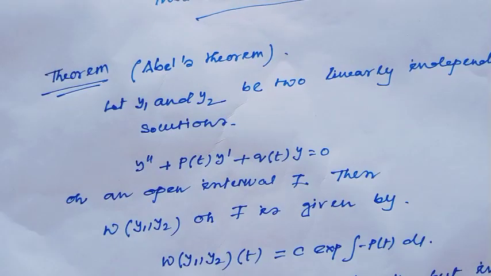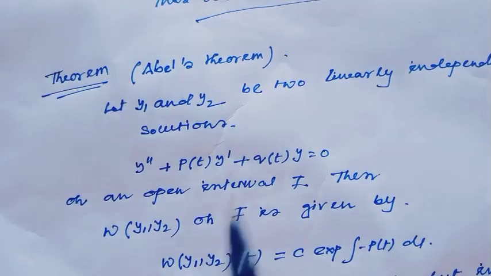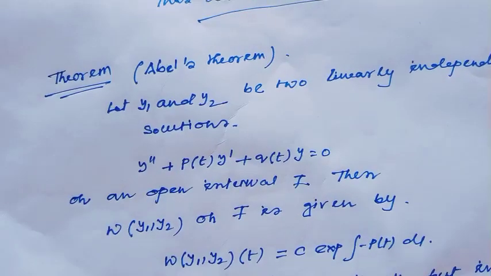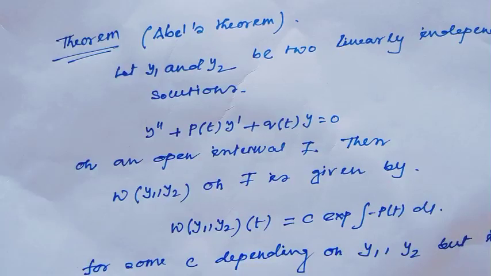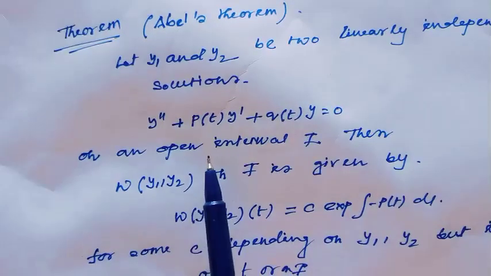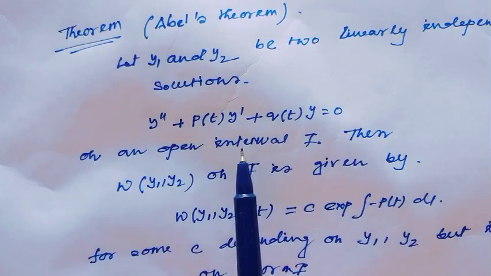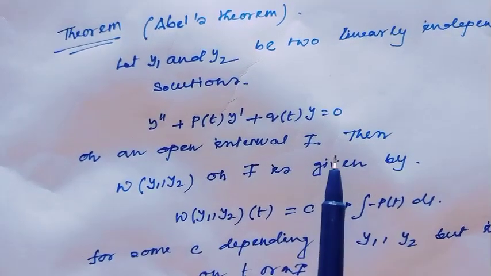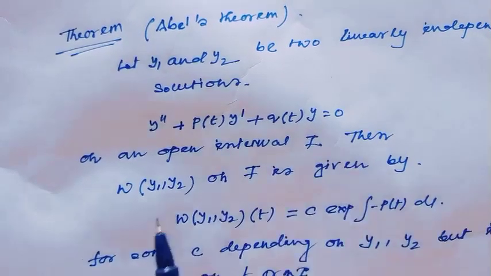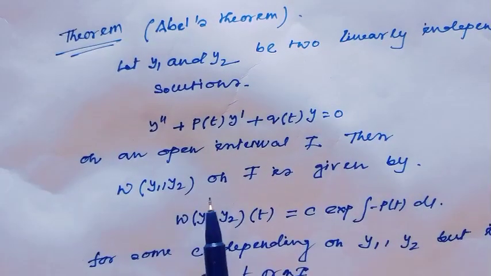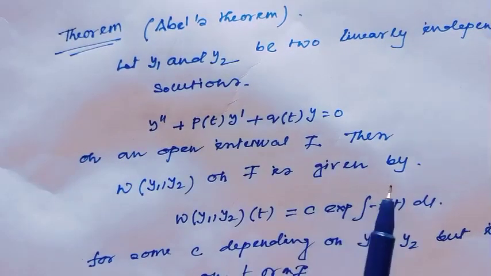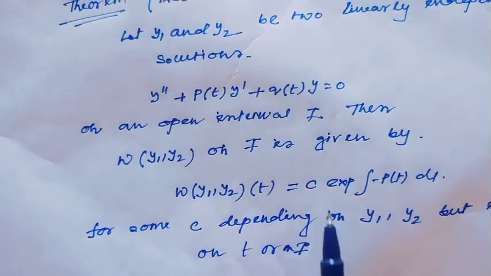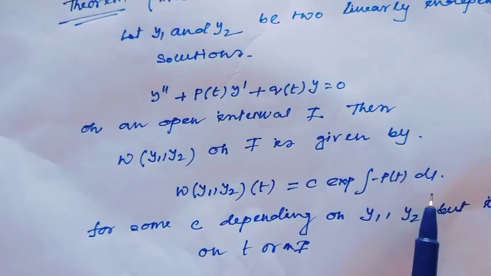The statement of this theorem is: let y1 and y2 be two linearly independent solutions of the second order homogeneous differential equation y'' + p(t)y' + q(t)y = 0 on an open interval I. Then the Wronskian of y1, y2 on I is given by W(y1, y2)(t) = c e^(-∫p(t)dt).